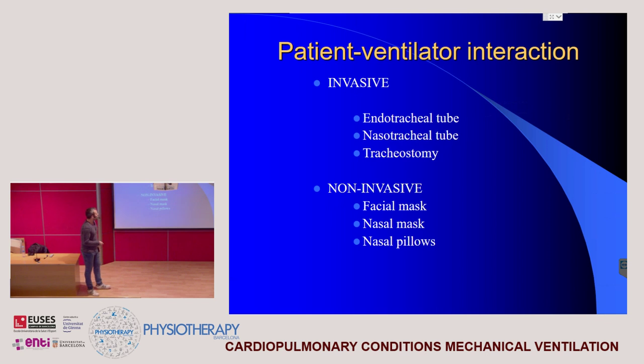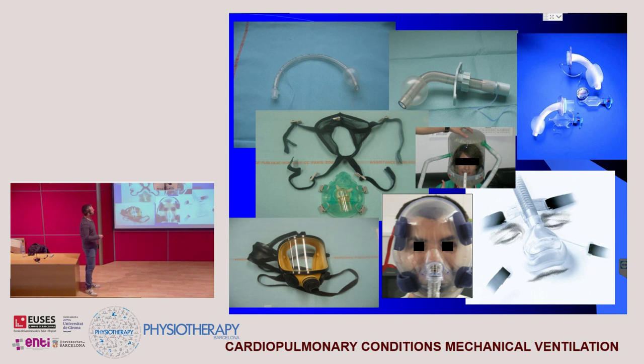And if we do not have to be invasive, we can also perform ventilation with a non-invasive device or interface. It could be a facial mask, nasal mask, or nasal pillows, depending on the physiognomy of the patient's shape.